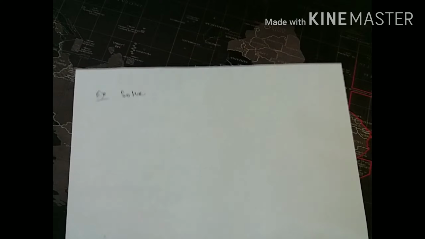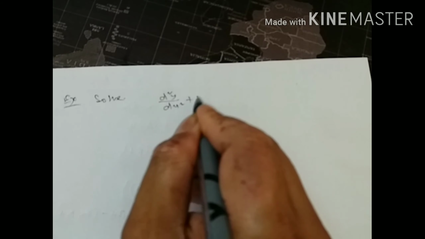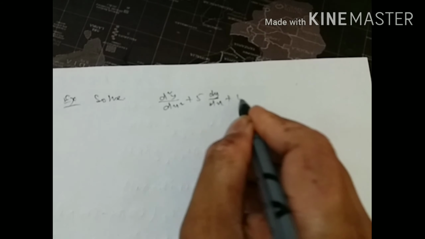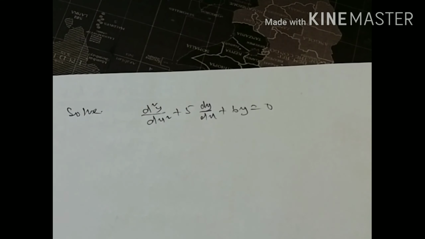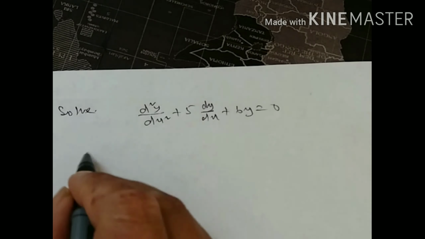Solve this equation: d square y by dx square plus 5 dy by dx plus 6y. This is a basic example. So the right hand side is equal to 0. So we have to find the complementary function. First our aim is to write this equation in symbolic form.